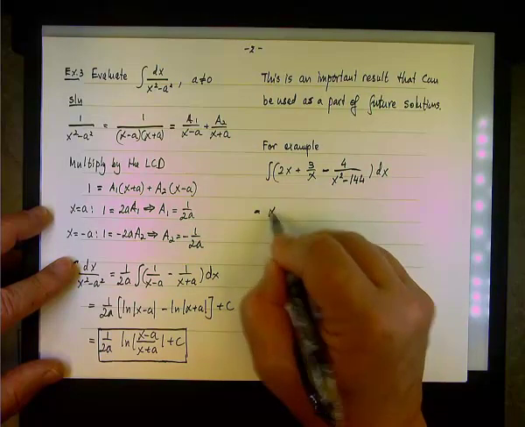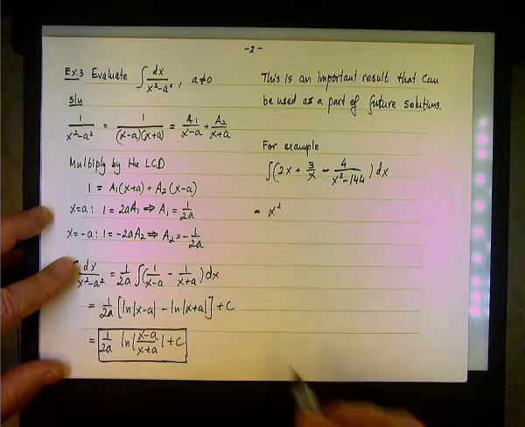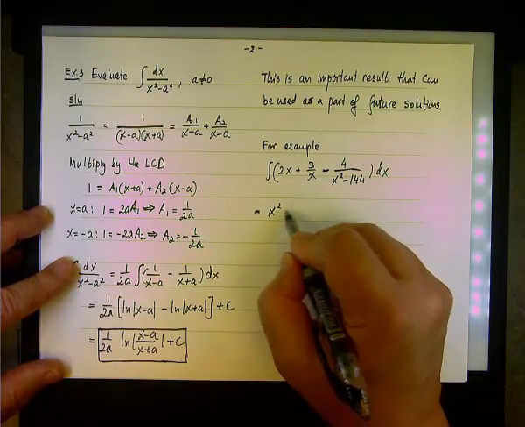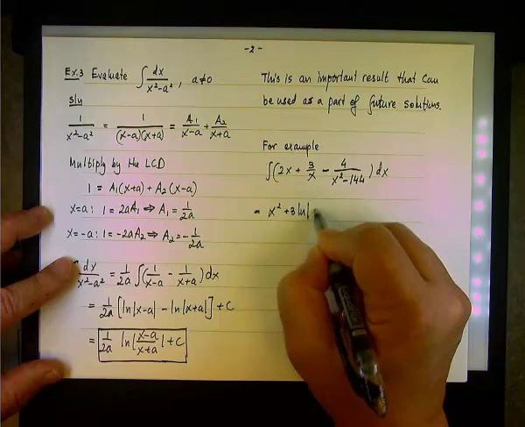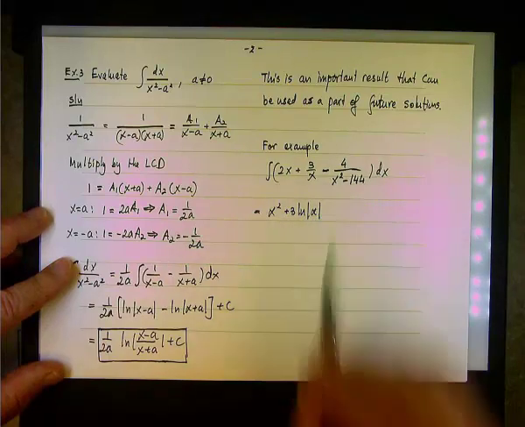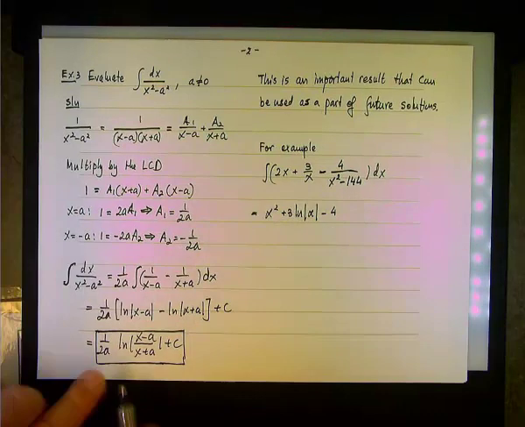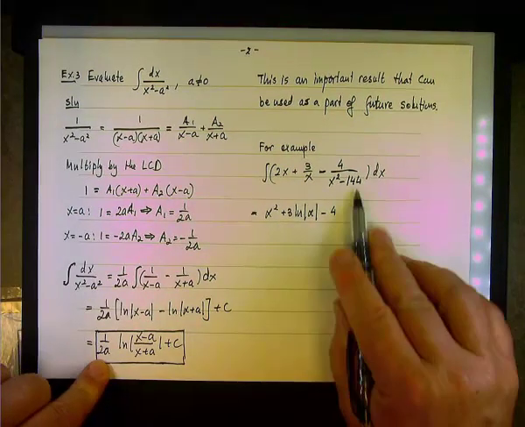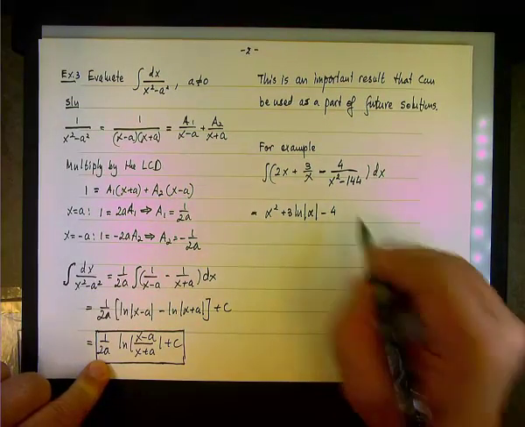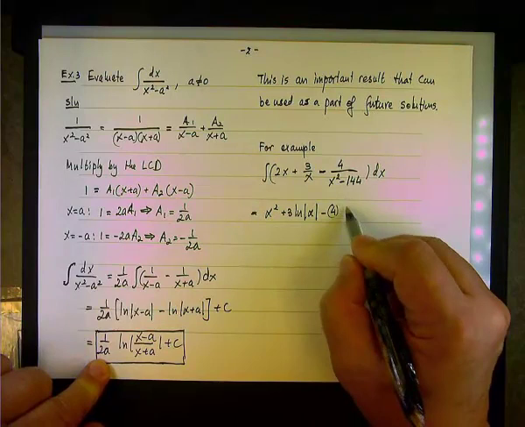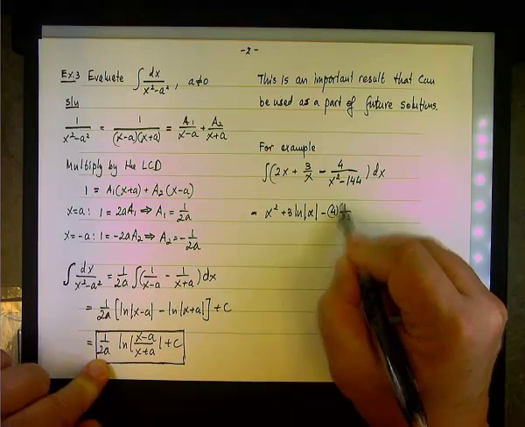Integrate 2x, get simply x squared. Integrate 3 over x, well, that will be 3 times the natural log of x. Integrate this one, so we have negative 4 times, looking here, 1 over 2a, well, a is 12, so it will be 4 times 1 over 24.